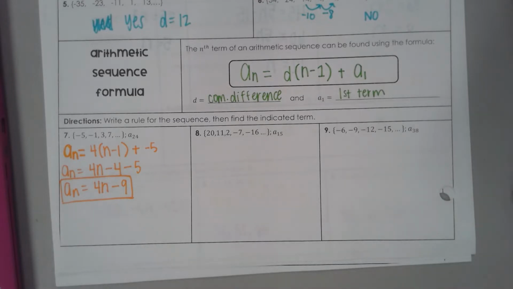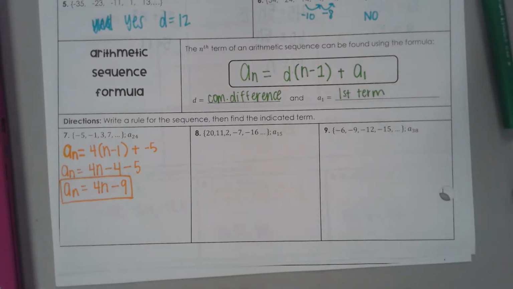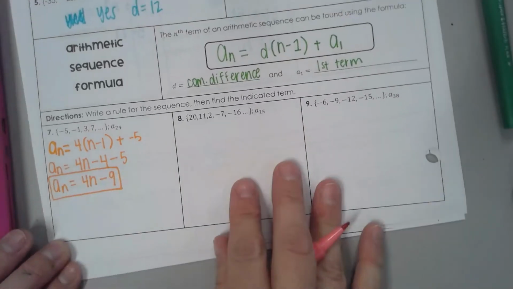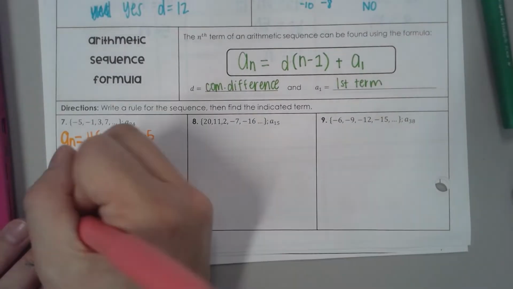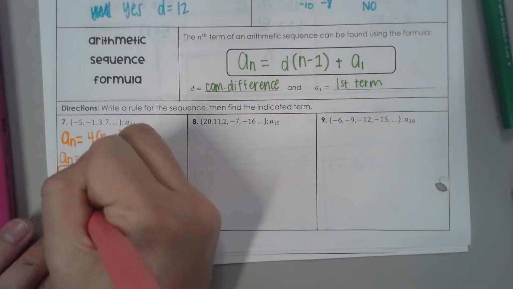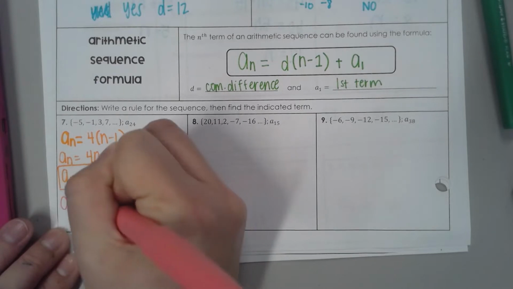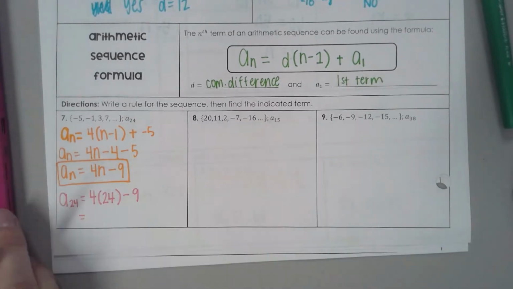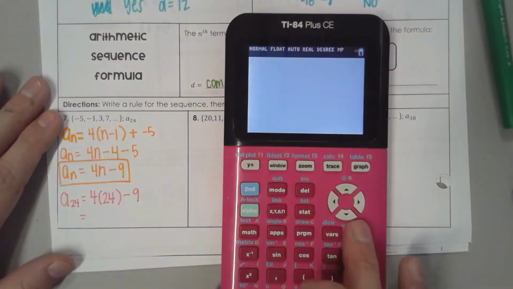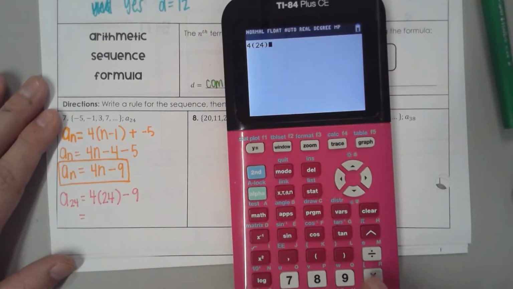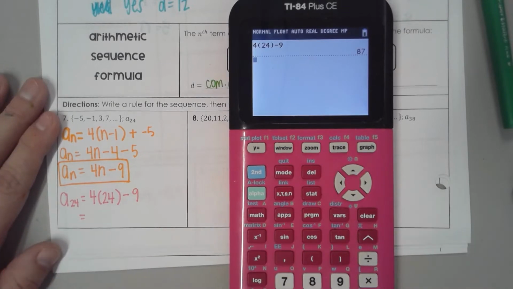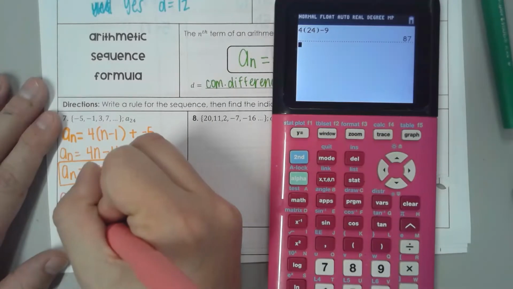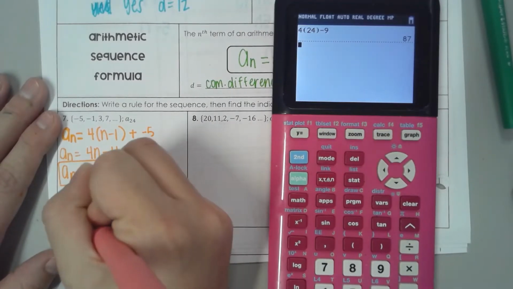And I have specifically asked you for the 24th term. So I'm going to find a_24, which is 4 times 24 minus 9. And we get 87.